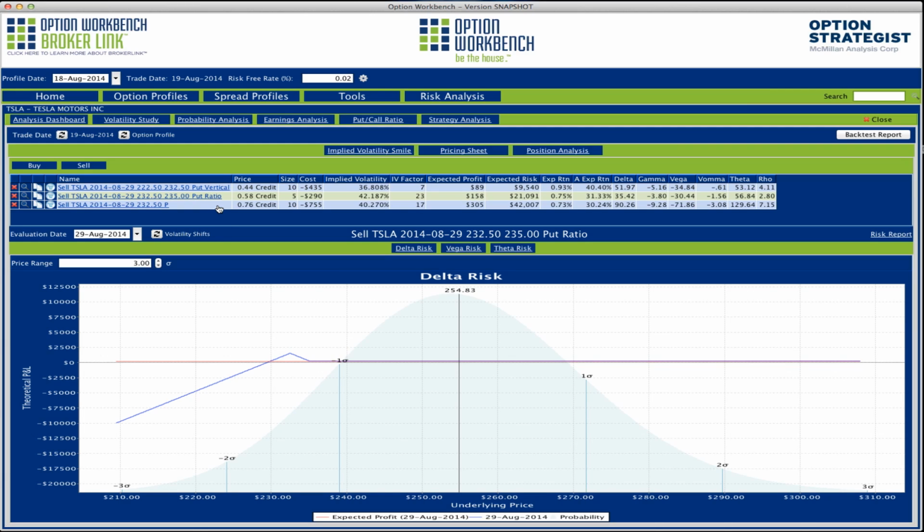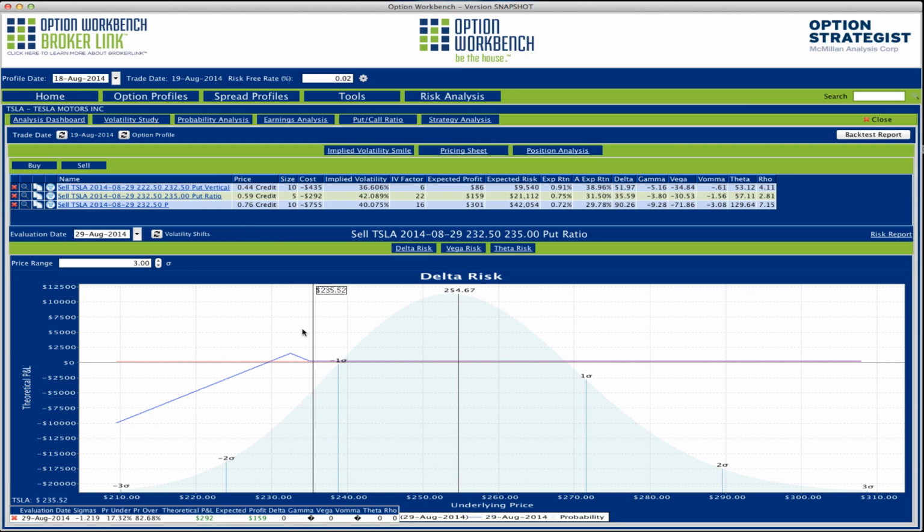Now you can also see the market's moving around a little bit. Now the put ratio has a slightly better expectation than the naked put, which is what I would normally expect. And actually, most of the time, the put ratio is going to have a better expectation than the put vertical as well. In this case, it doesn't.